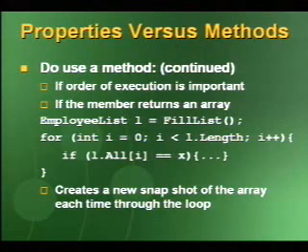So each time through this loop, we're taking L and we're calling the all property on there, which creates a copy of the array. We're indexing into it and throwing that value away. So each time through, we call the all property, copy the array, index into it, throw the array away. And as you can see, that's like n times through this loop, we're going to be creating a copy of that array and just throwing it away.